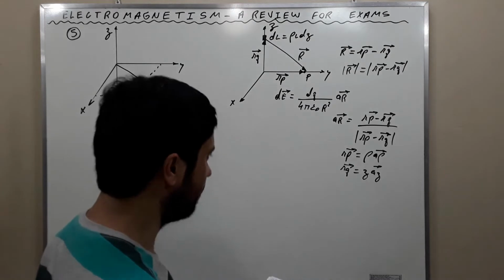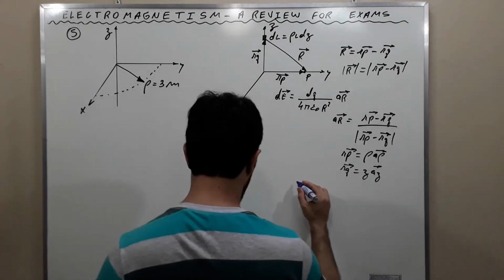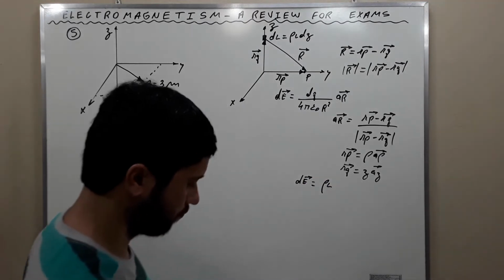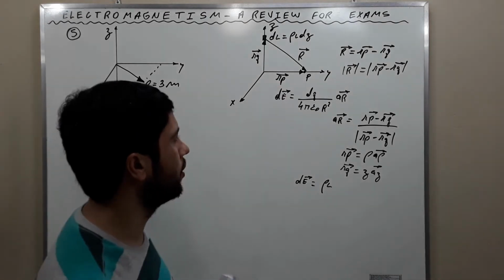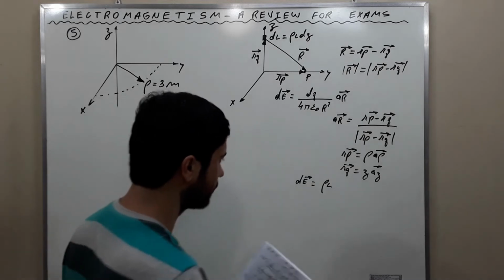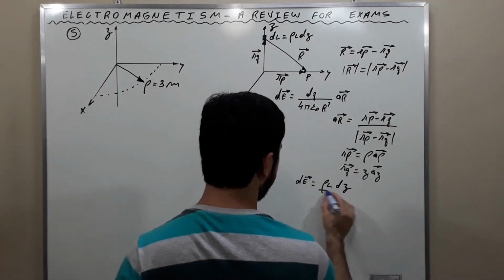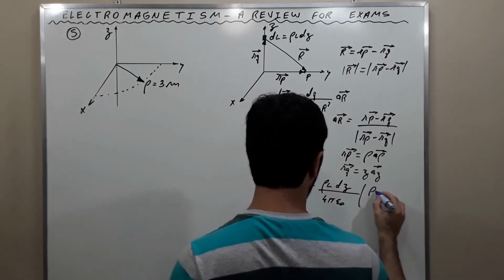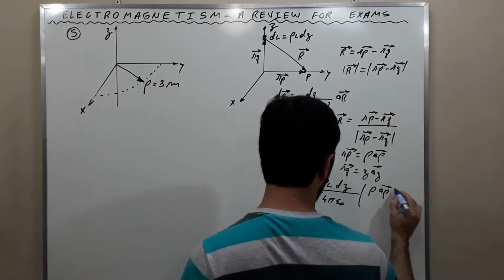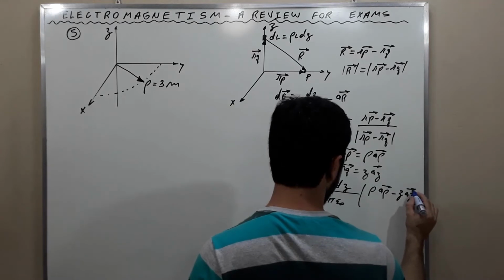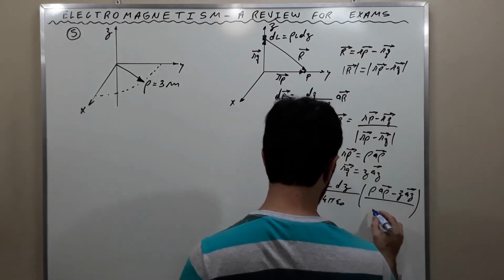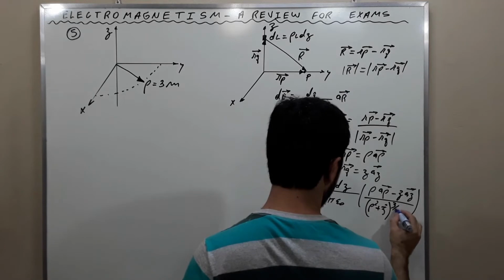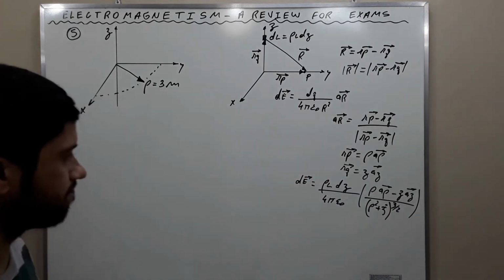And thus the field, this field here in polar coordinates, is rho L, okay, this element of charge dz, over 4 pi epsilon 0, times rho a rho minus z AZ, divided by rho squared plus z squared raised to the power of 3/2. Okay?